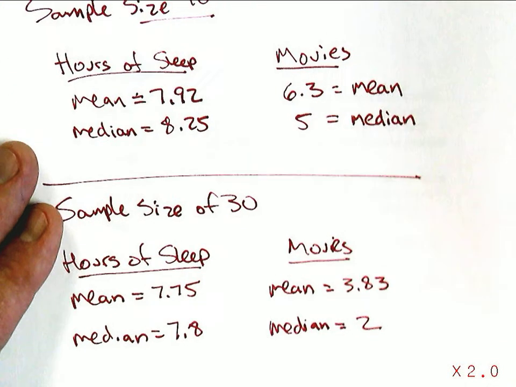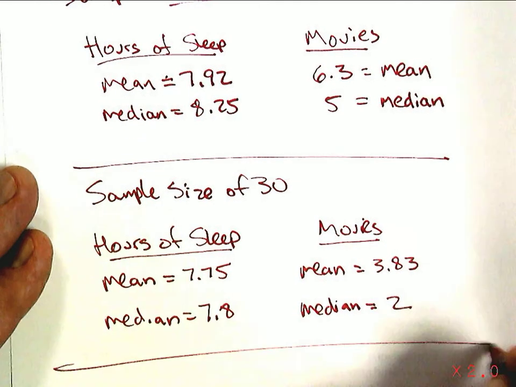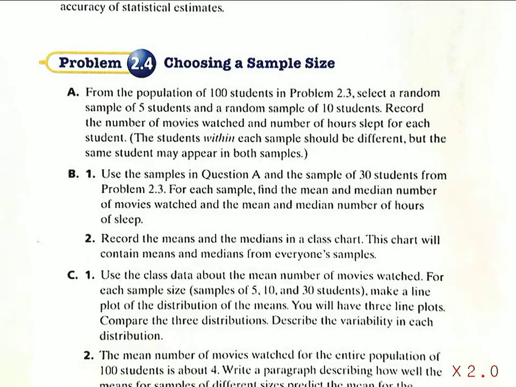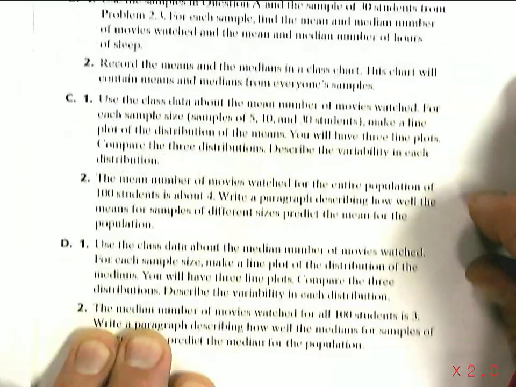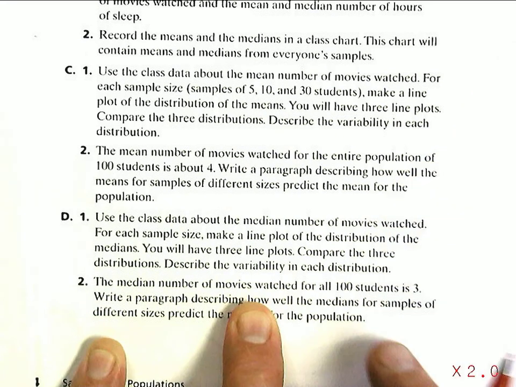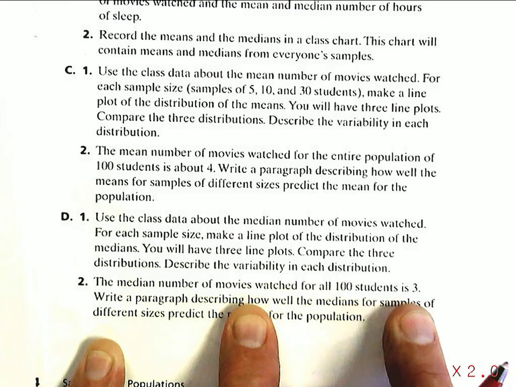So here's really the issue or the question. In your book, it actually tells you that the median number of movies watched for all 100 students, if you actually did calculate all of them, is 3.